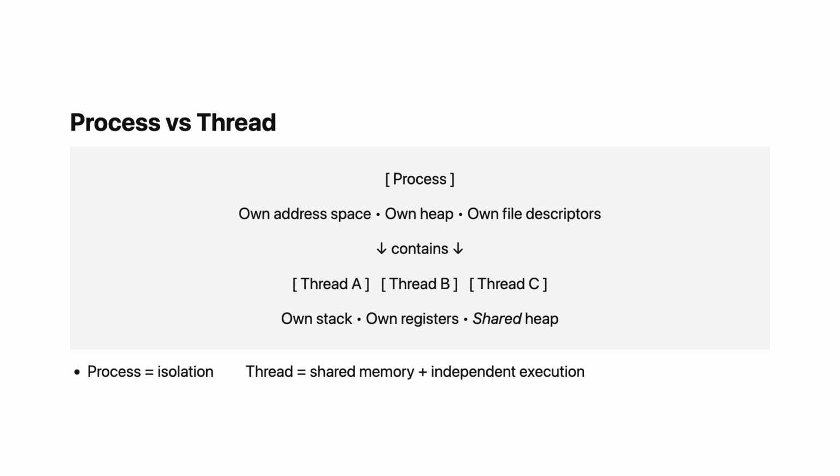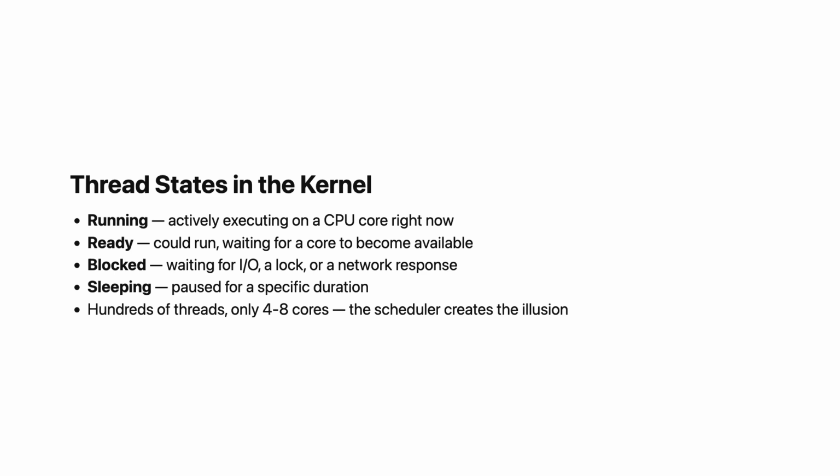So what does the kernel actually do with all these threads? It maintains a data structure, basically a big list of every thread in the system. Each thread is in one of several states at any given moment. It might be running, meaning it is actively executing on a CPU core right now. It might be ready, meaning it could run, but is waiting for a core to become available. It might be blocked, meaning it is waiting for something like disk I/O or a lock or a network response.